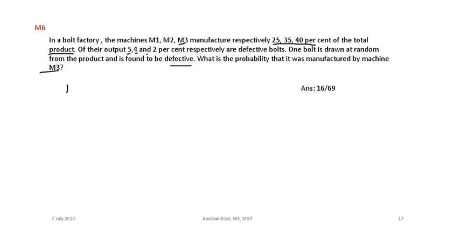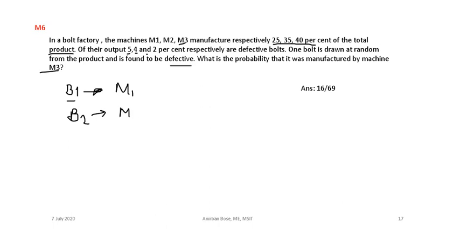So consider B1: the chance that the sample that you have drawn at random has been manufactured by machine 1. So the product is manufactured by machine 1. B2 is the event that the product that has been drawn is manufactured by machine 2.